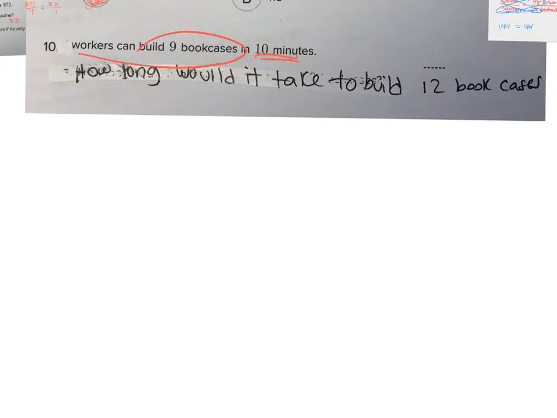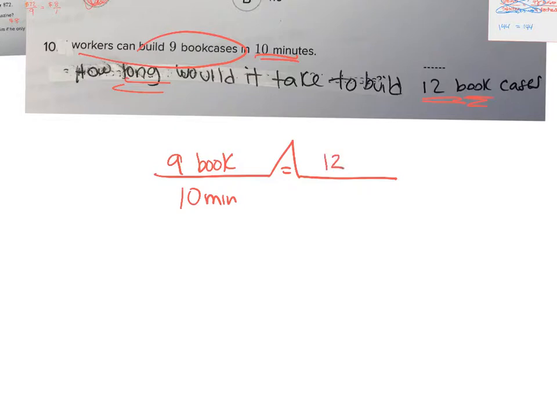So your proportion would be 9 bookcases is related to 10 minutes in the same way as how long does it take to build 12 bookcases? 12 books is to how many minutes?